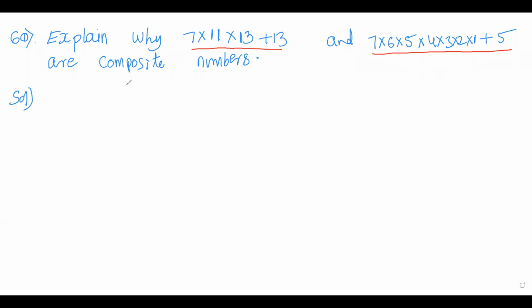So first of all, these two numbers are composite. He is asking us to show that they are composite. Explain why they are composite. Why do you consider these composite? He says explain, look carefully.